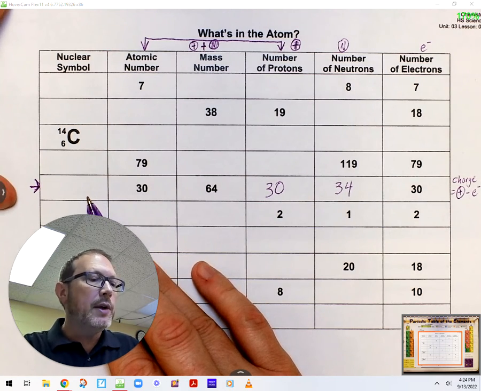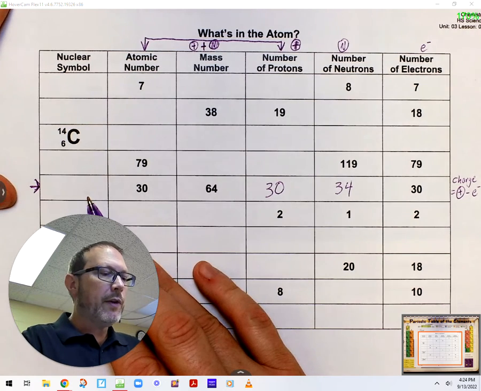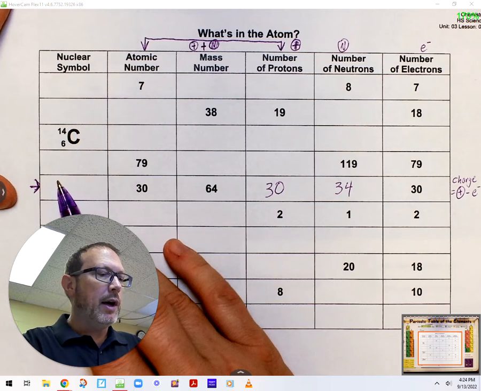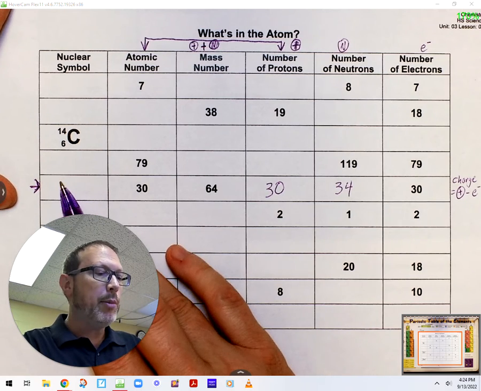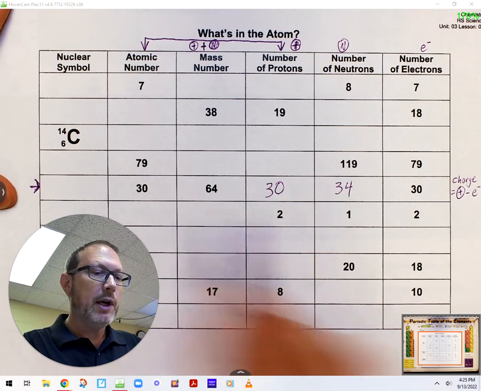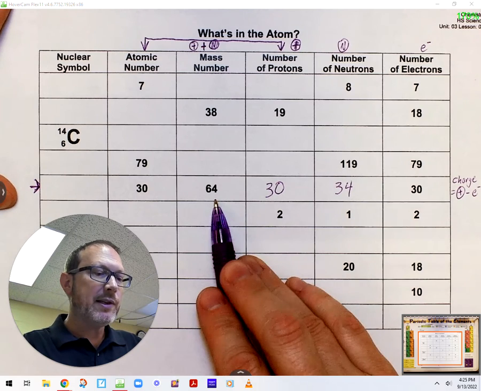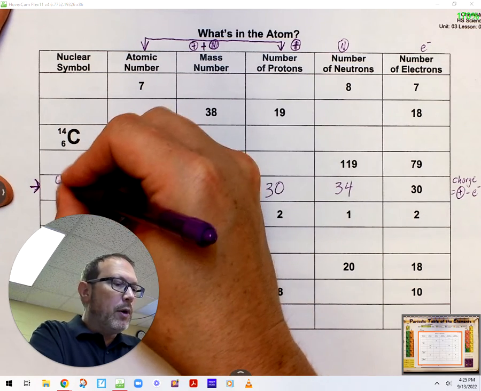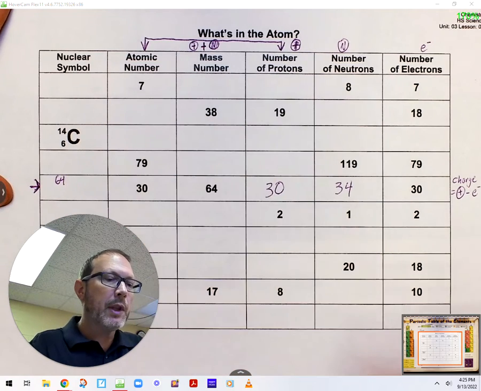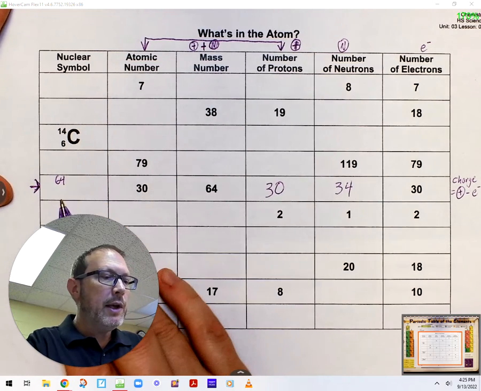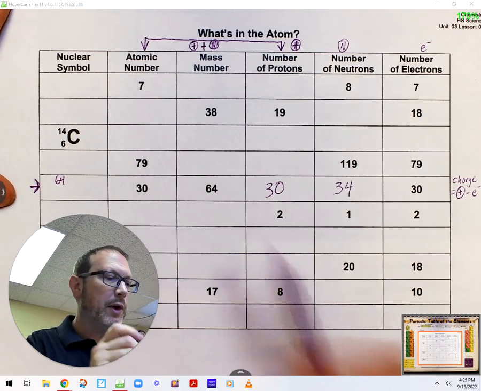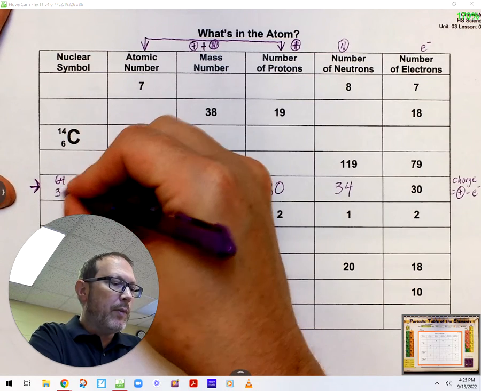So I know, if I know my nuclear symbol, I've got 3 parts to it, or 4 if you count charge. The upper number is going to be the mass, and so the upper number is going to be my mass number. In this case it's 64. So 64 goes right here. The lower number is my atomic number, or number of protons. My atomic number is 30, so that goes here.